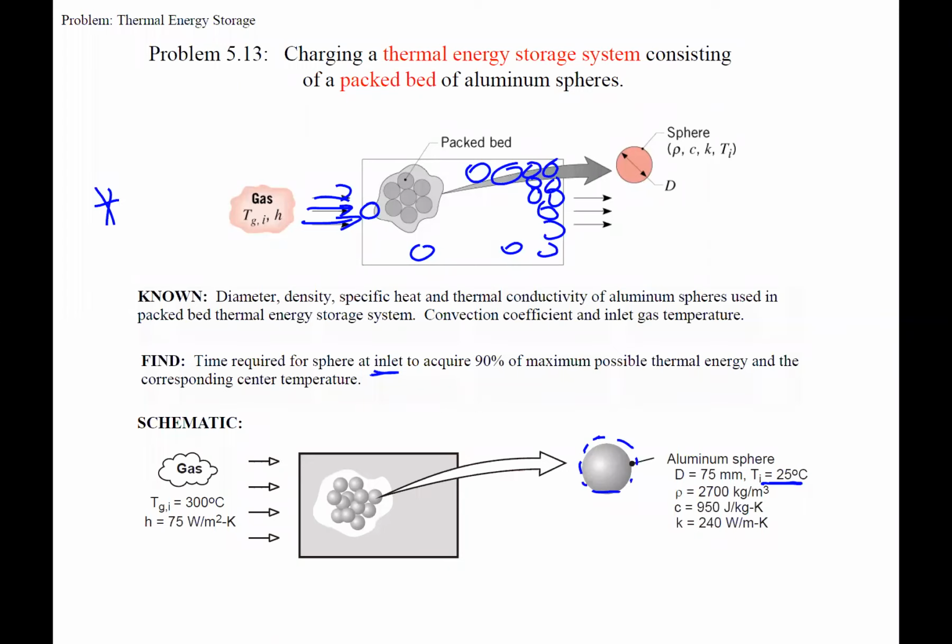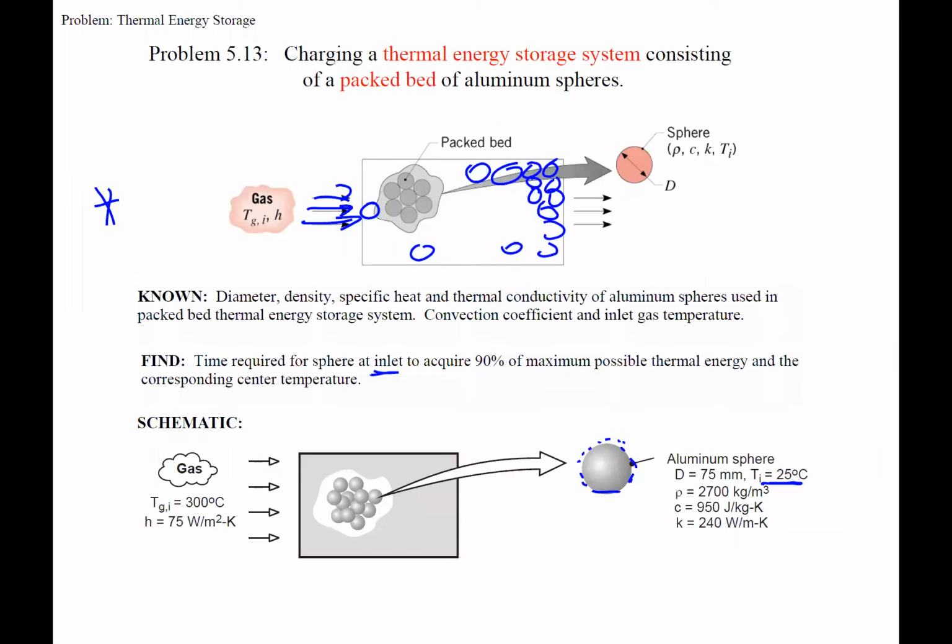Before even starting that, what terms in the conservation of energy on this sphere are we including? What are we neglecting? So we have heat flux, we have convection, there's radiation, there's energy generated. What are we including? What are we neglecting?